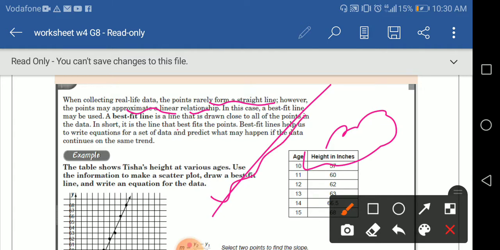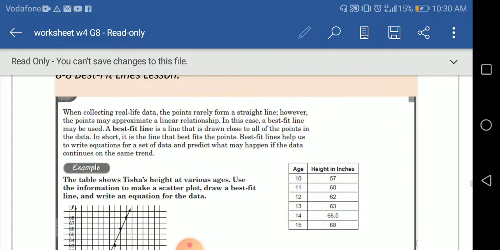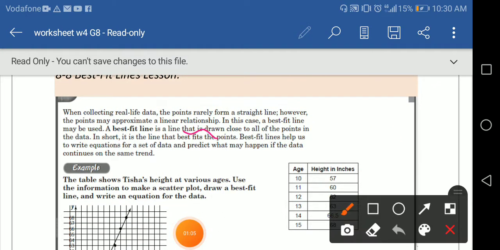I need to have an approximation for the linear relationship, to have the best fit line that's drawn close to all of the points, and this is very important. Make it close to all the points of data. In short, it's the line that best fits all points.